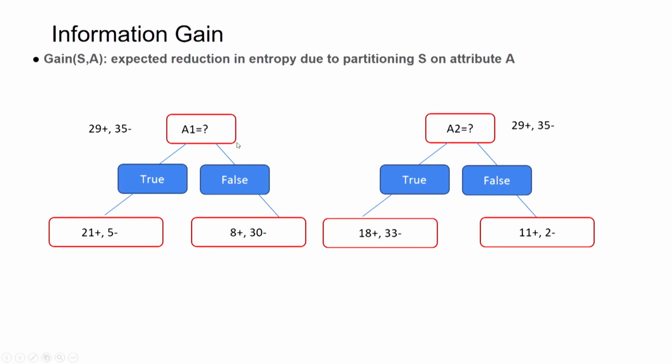In the same way, we will calculate it for A2. Then we will check whether the information gain of A1 is greater than that of A2. If it is greater, we will use attribute A1 for the split at this step; otherwise we will use A2.